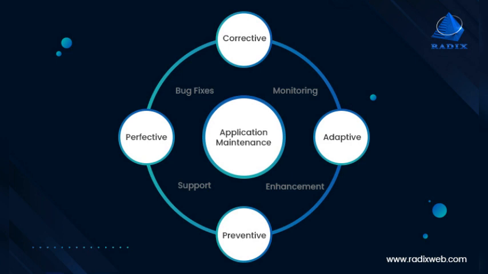In adaptive, developers must regularly make changes to their software to ensure it is compatible with changing hardware and software environments, such as when a new version of the OS comes out, that is operating system.